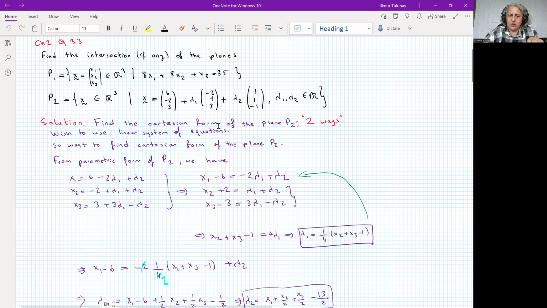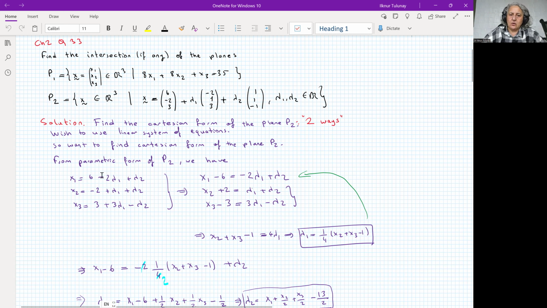From the second row, you have x2 equals minus 2 lambda 1 plus lambda 2. Then from the last row, you have x3 equals 3 plus 3 lambda 1 minus lambda 2.